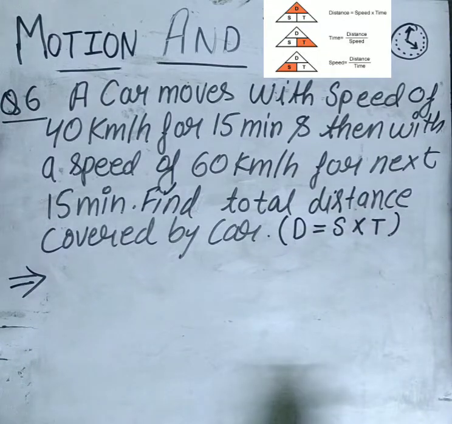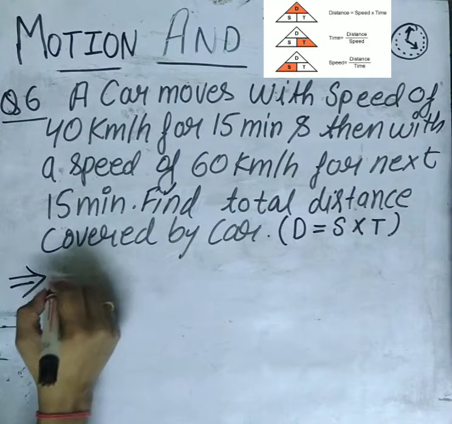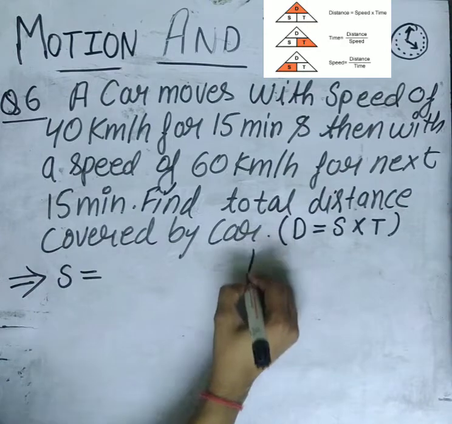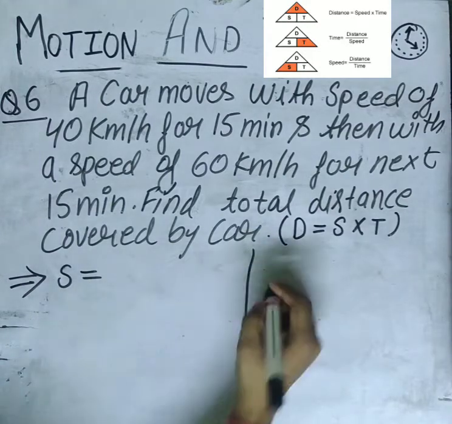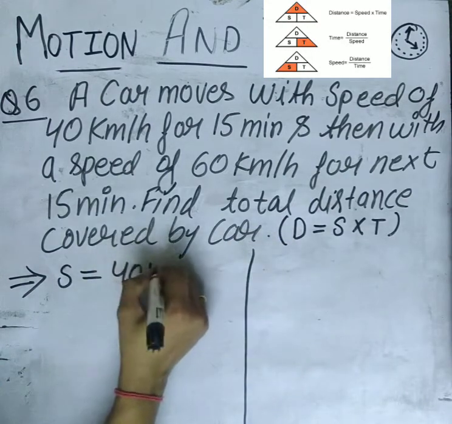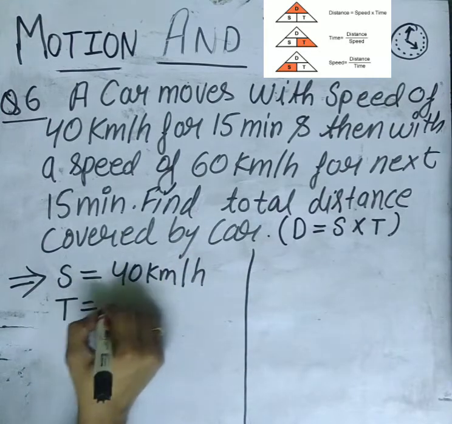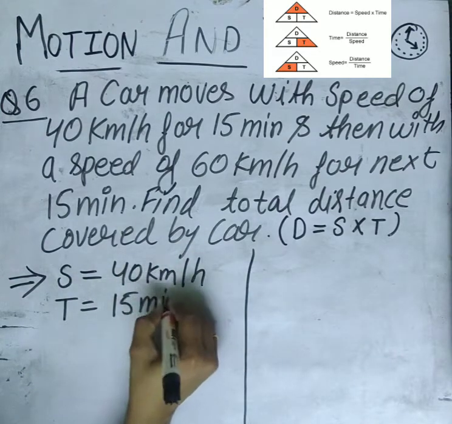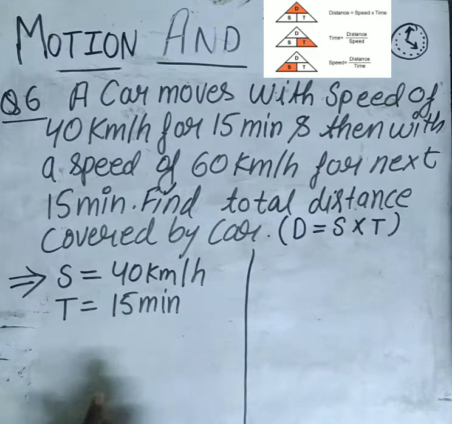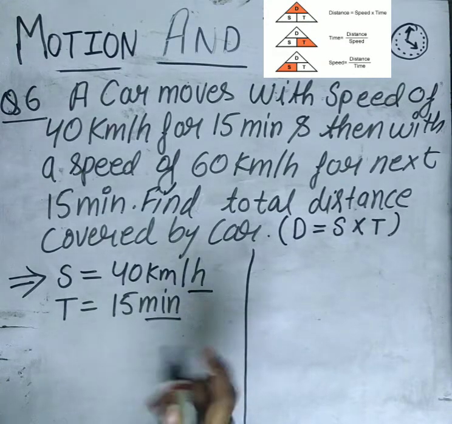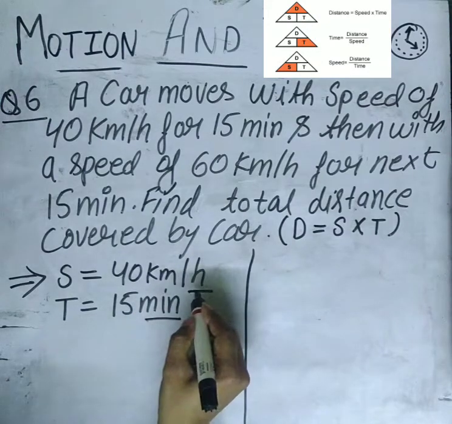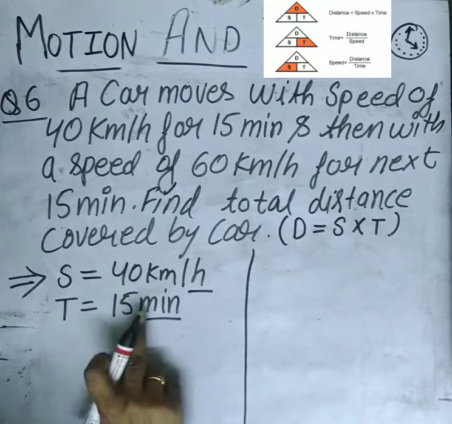For the first case, I will just bifurcate here, speed is 40 kilometers per hour and time taken is 15 minutes. Now again the same problem is here, that we cannot have minutes and hours together. We will have to convert; it will be either minutes or hours as the standard unit, and since the speed is in kilometers per hour, it will be hours here too.